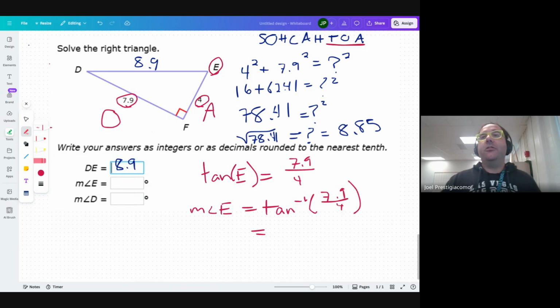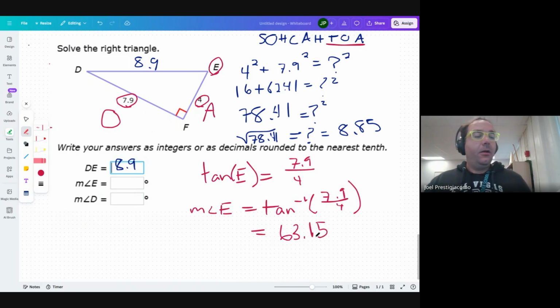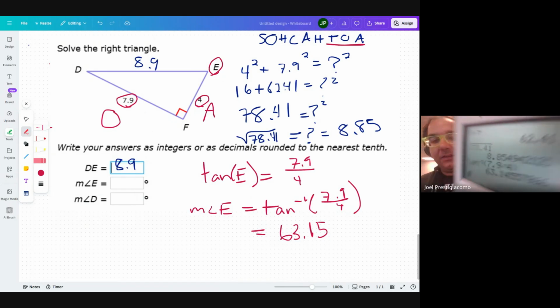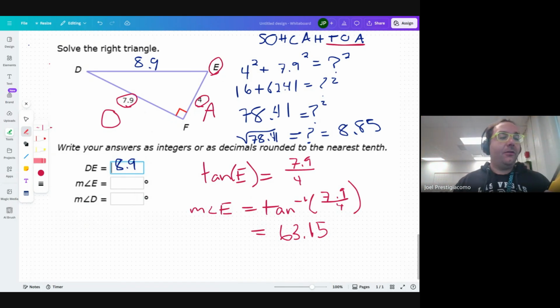So again, you'll need a calculator for this. Just make sure you're in degree mode because that's how it wants us to answer. So I get here 63.15 degrees, right? It says 14 on my screen, but the digit after that actually rounds up to a 5.